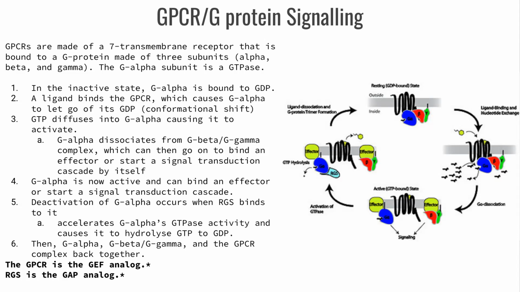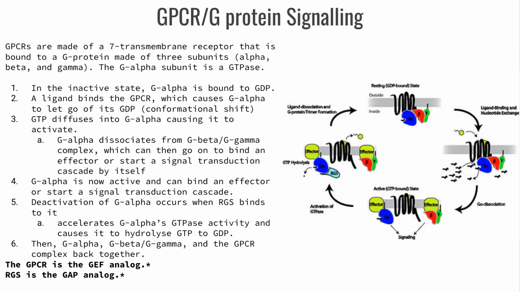The way GPCR signaling works is that a signal binds the extracellular portion of the GPCR, and this causes a conformational change in the G protein coupled receptor. This conformational change causes G alpha, which is bound to GDP, to lose its affinity for GDP so that GTP can bind to G alpha.